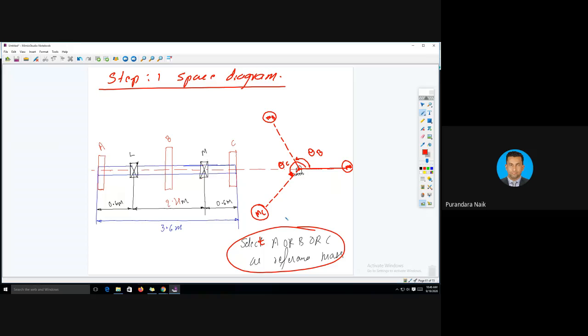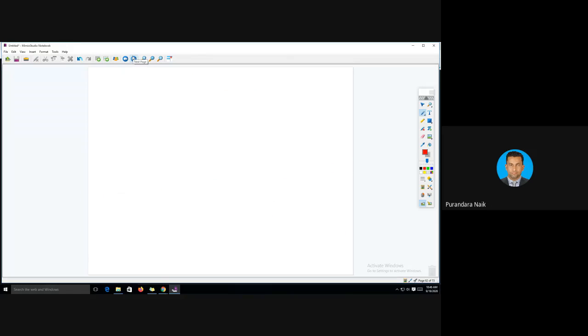Okay, let us proceed. Step 2, table or tabular column. How many masses are there? Forget about the bearings. We have only 3 masses, A, B, C, and it is statically balanced.